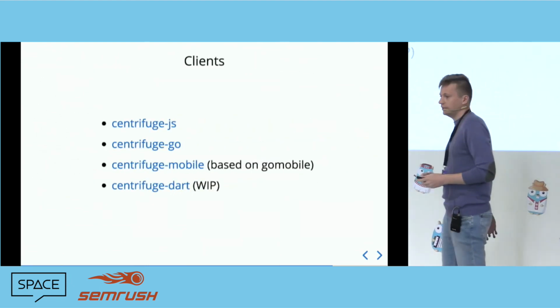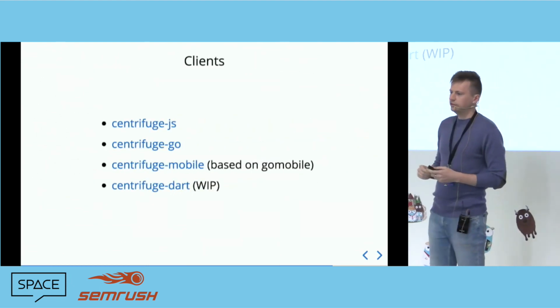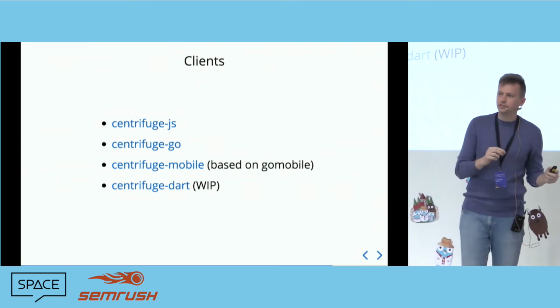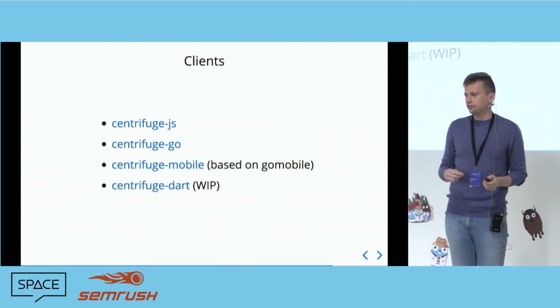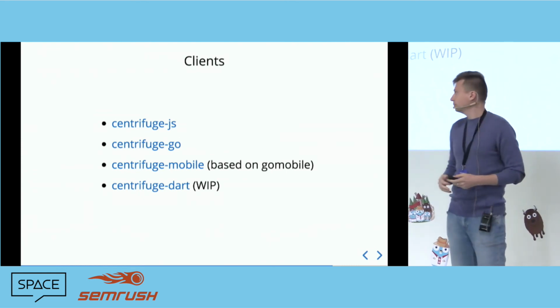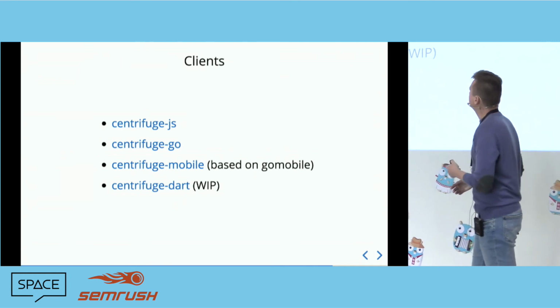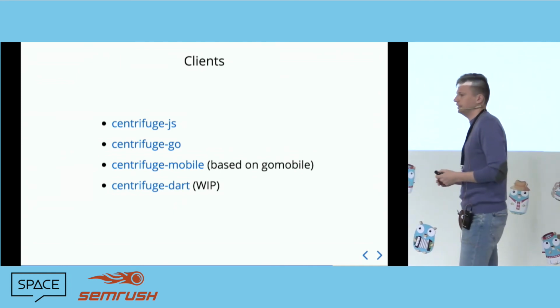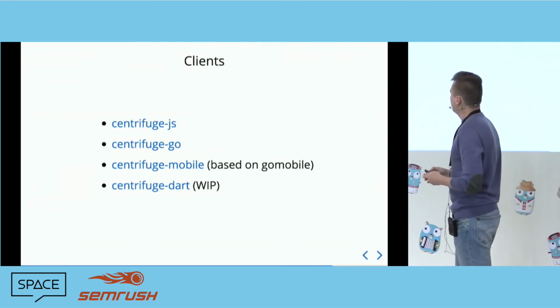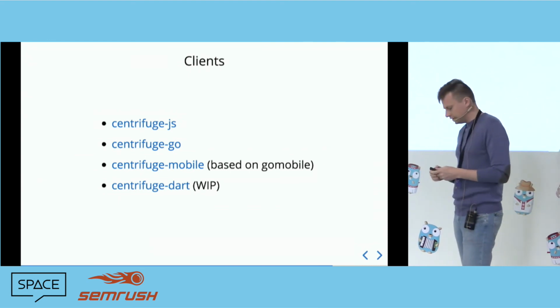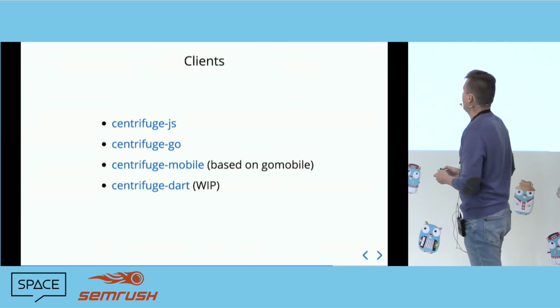We have several clients for Centrifuge and the Centrifuge library. The interesting feature is that every client works both with a Centrifuge library-based server and with Centrifuge itself. The first one is centrifuge-js for JavaScript, React Native, and Node.js. The second is centrifuge-go, obviously for the Go language.